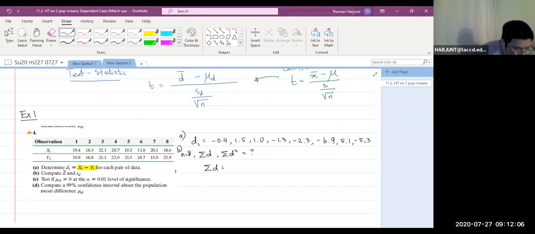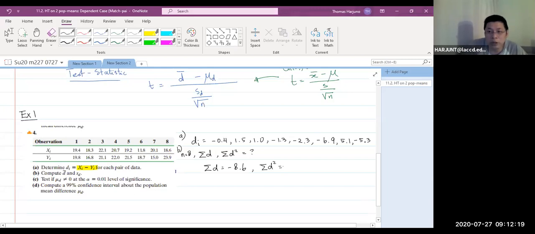I typed something wrong. Okay, I get negative 8.6. And then the sum of d squared, we are squaring each one of these data. So actually, I don't need to worry about the negative sign.